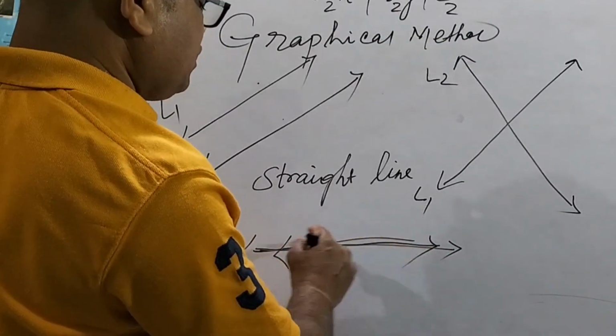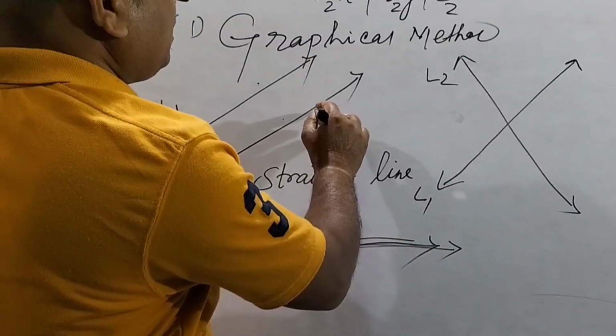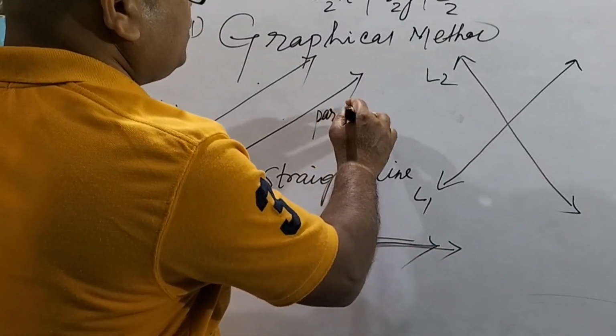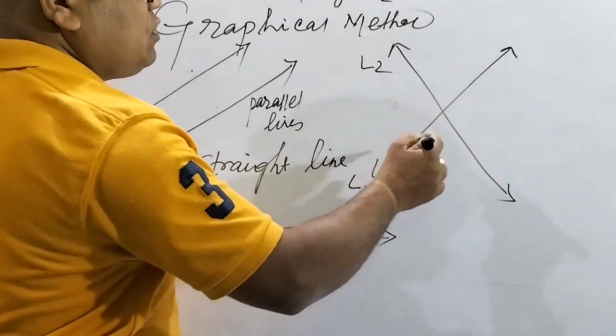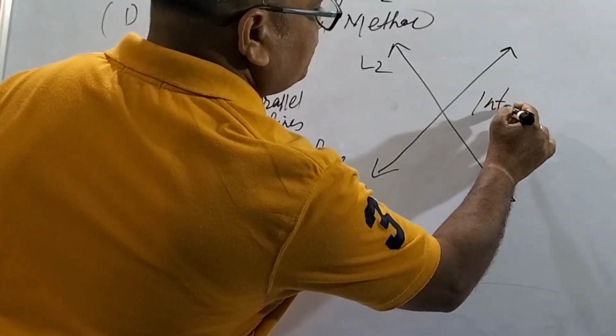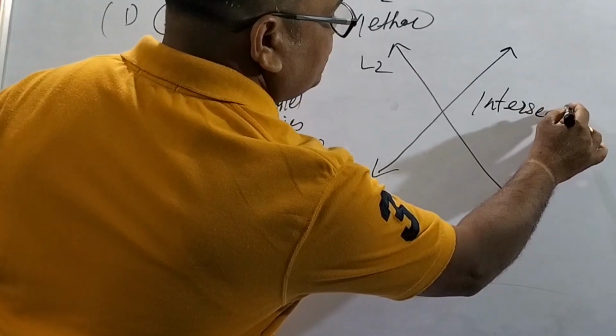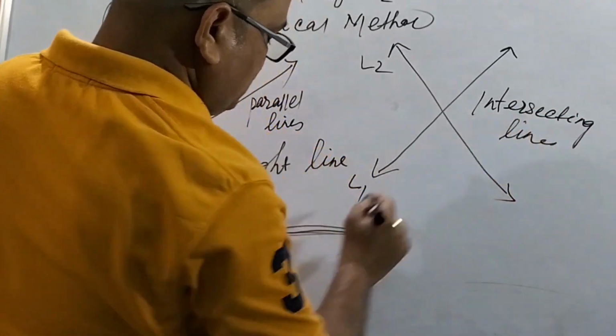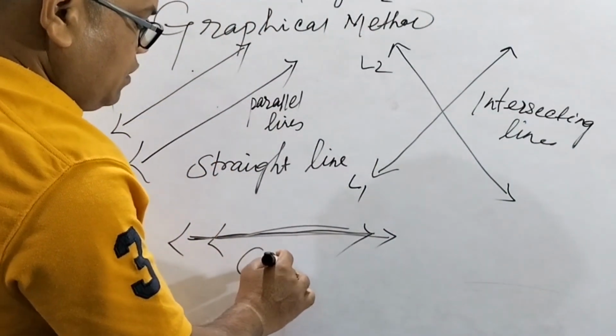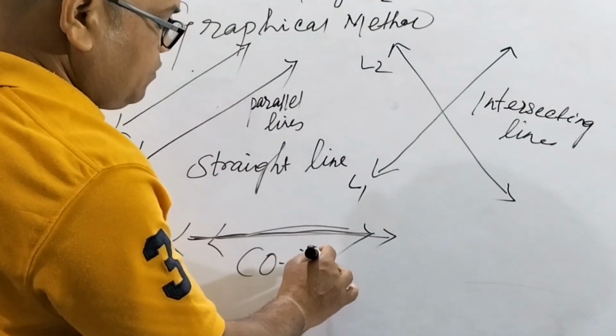These are the coincident lines. These are parallel lines. These are known as intersecting lines. These are coincident lines.